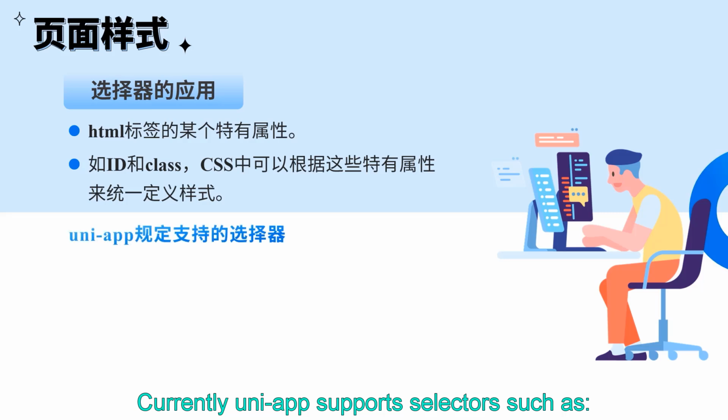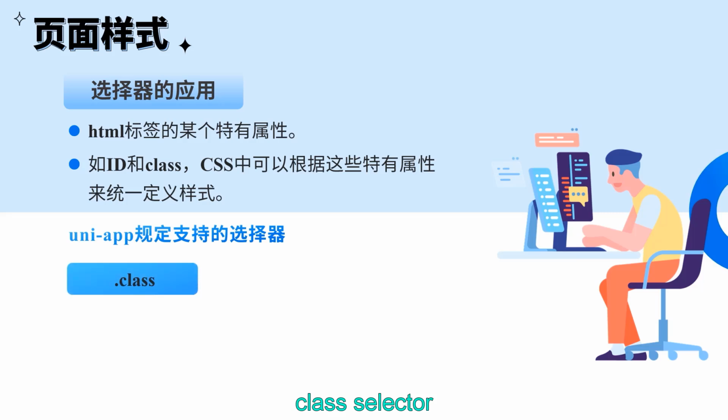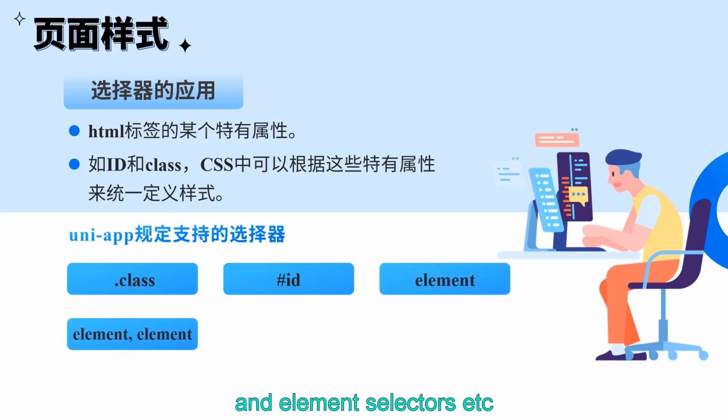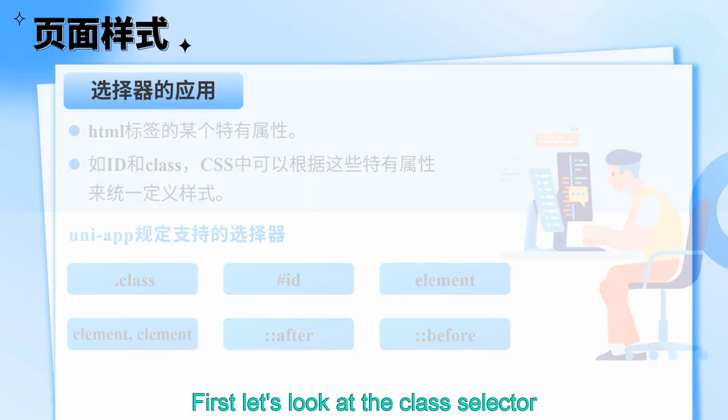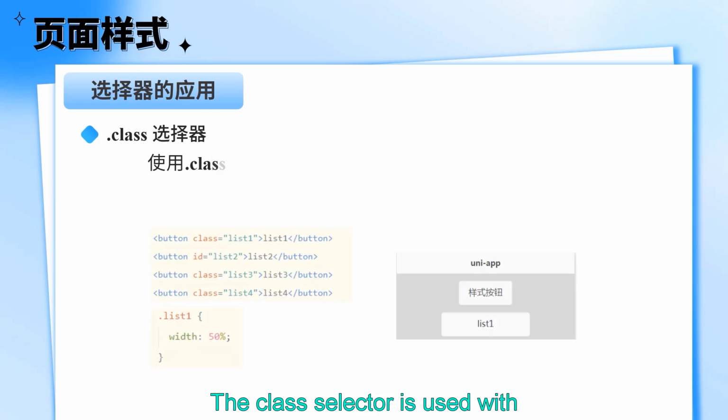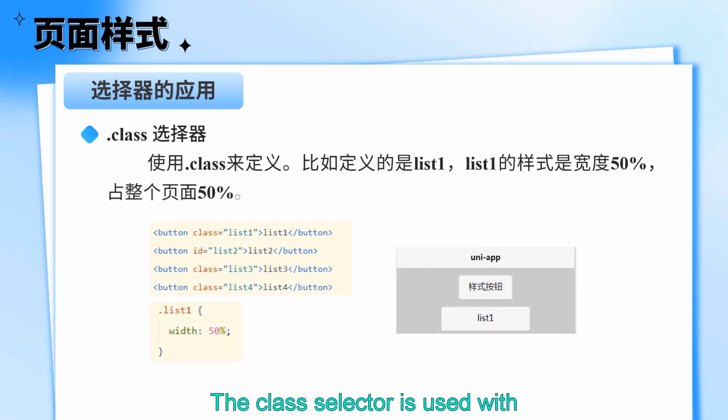Currently, UniApp supports selectors such as class selector, ID selector, and element selectors, etc. First, let's look at the class selector. The class selector is used with class to define it.